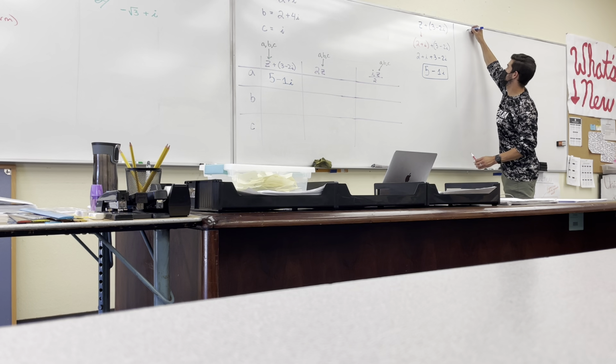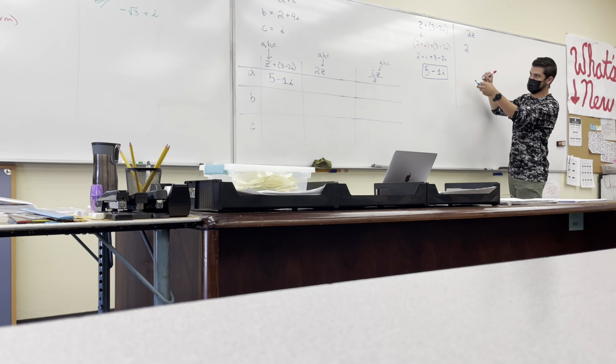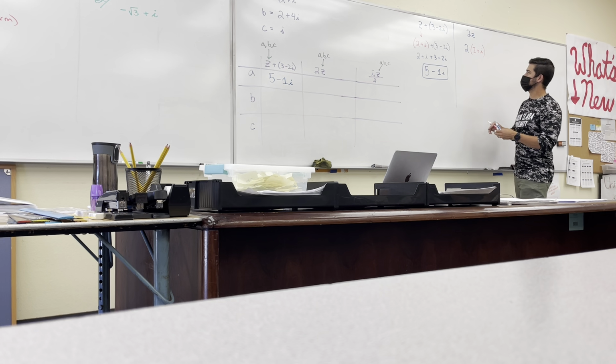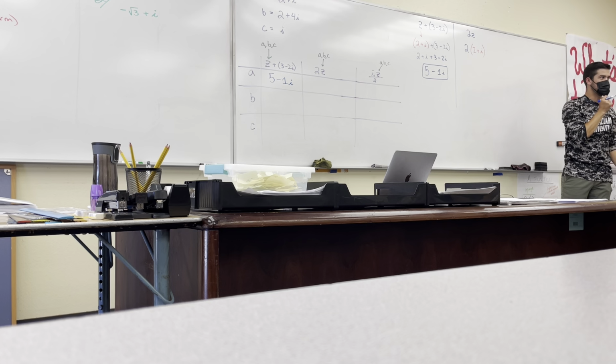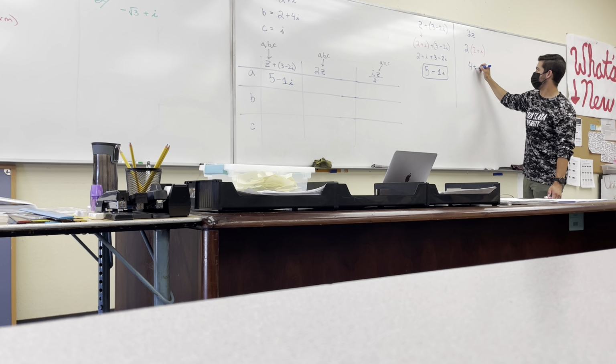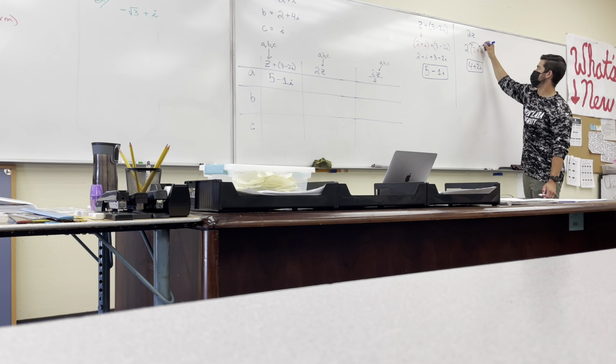For the second one, we'll have 2Z, which is just 2 times that same value, which is A, which is 2 plus I. Can somebody tell me that answer? 4 plus 2I. Yep, you just distribute it in.